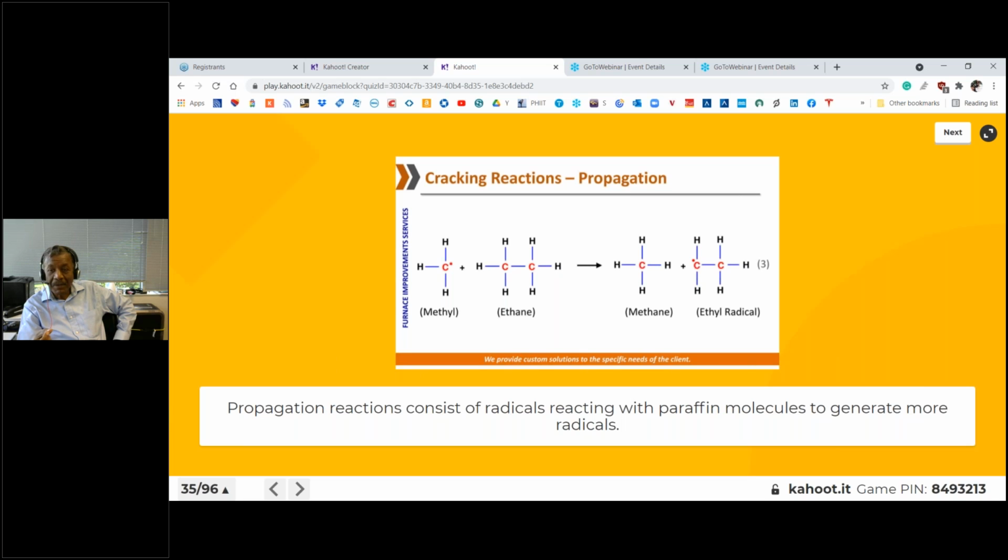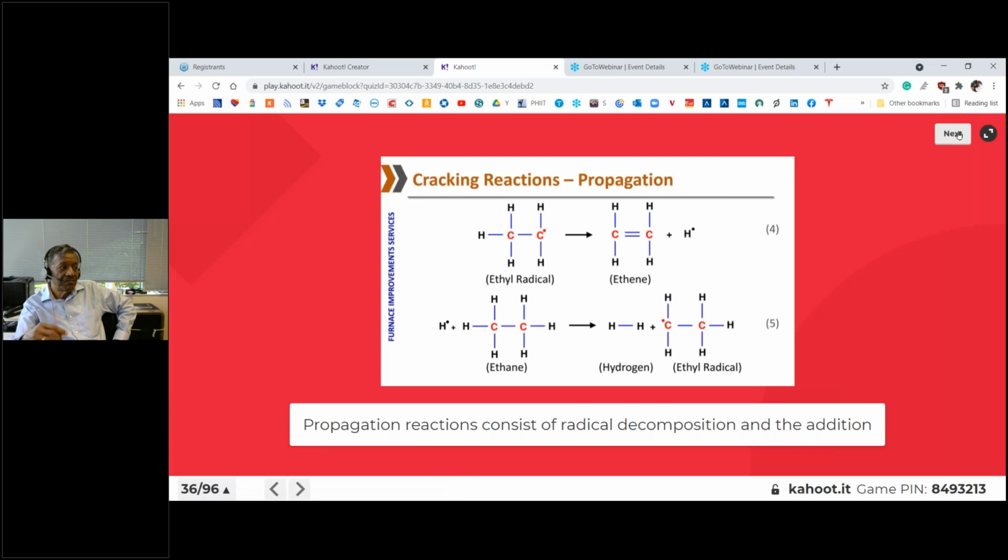The second one is ethyl radical generating ethene or ethylene and generating a hydrogen radical. And that hydrogen reacts with ethane to make hydrogen molecule and produce ethyl radical. So you can see all these complex reactions are taking place, and propagation reactions consist of radical decomposition and addition.